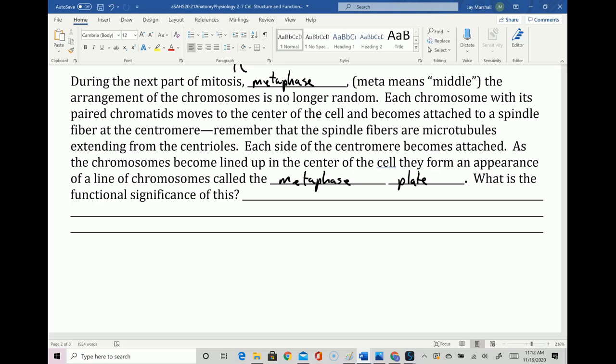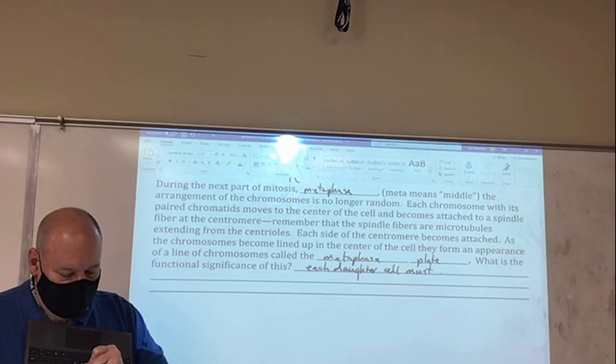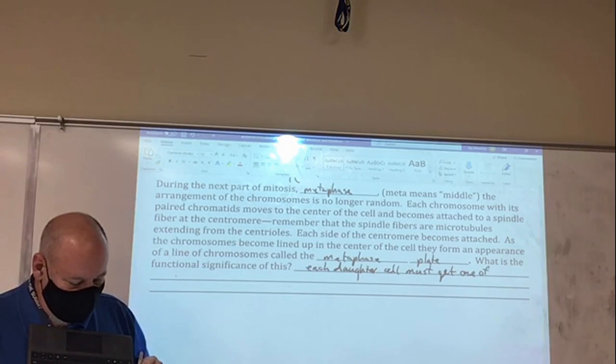I have all of the chromosomes going to the right place. If I do this, each daughter cell must get one of each chromosome.